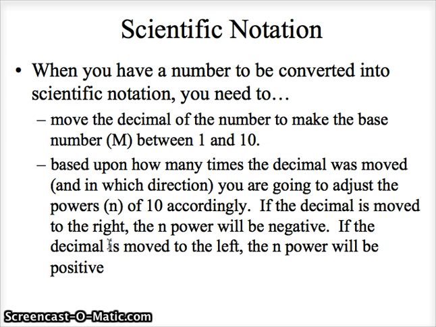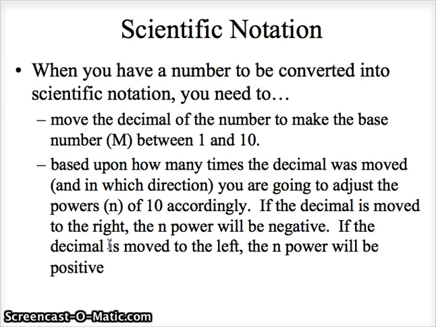So when you have a number to be converted into scientific notation, whether it's a small number or a large number, you have to move the decimal point of that value to make the base number m between 1 and 9.999999, and so on. Based upon how many times the decimal point was moved and in which direction, it's going to affect the power n of the power of 10 accordingly.